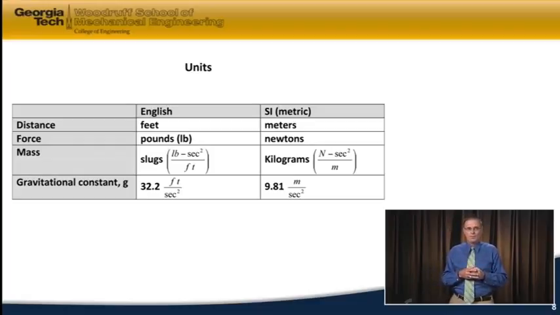Mass is kilograms in the SI system of units, or the international system of units. And in the English system of units, mass is pounds second squared per foot, which is also referred to as slugs. And finally, as far as the gravitational constant, g, for the system of units, it's 32.2 feet per second squared in the English units and 9.81 meters per second squared in SI.